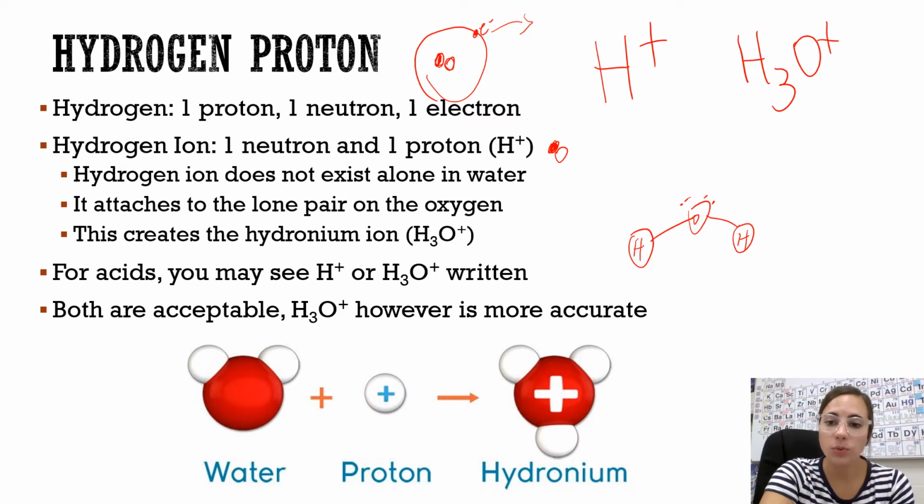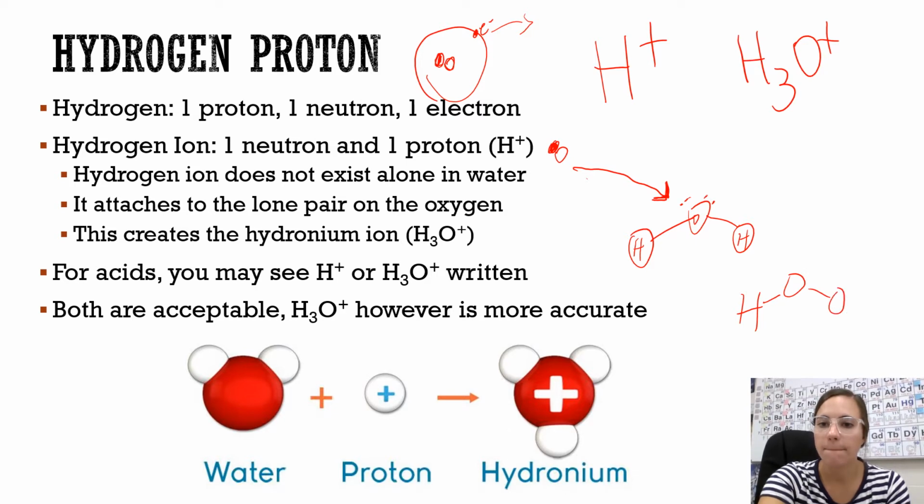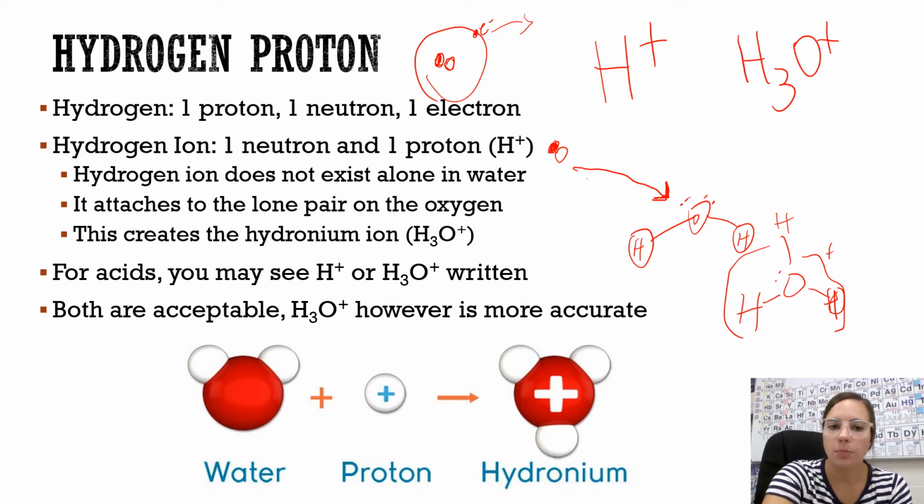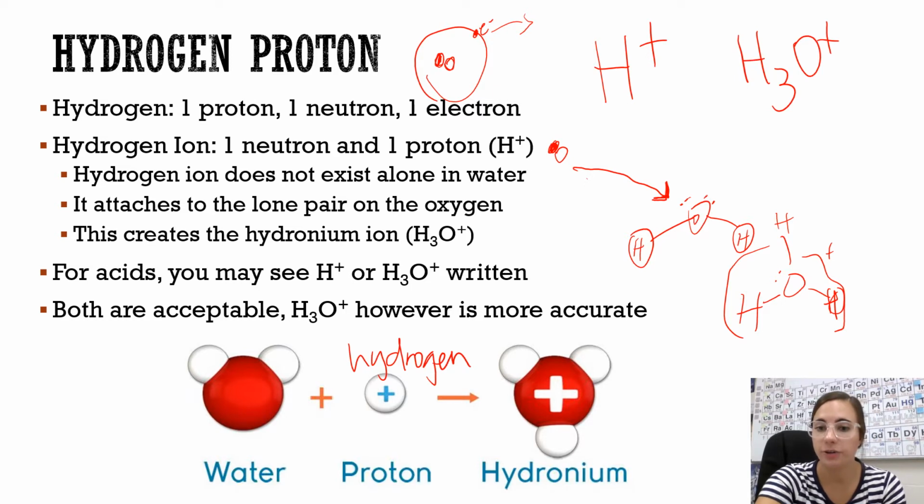And so what scientists learned is that when H plus, or hydrogen ions, or the hydrogen proton is produced in solution, it is attracted to that oxygen and it attaches itself to that oxygen and creates hydronium. So water plus the hydrogen proton is going to make hydronium.